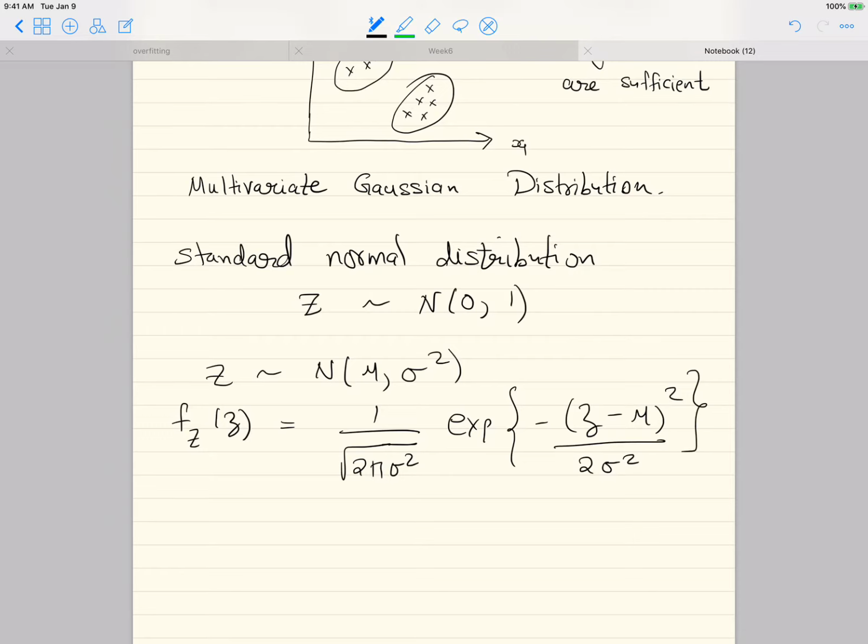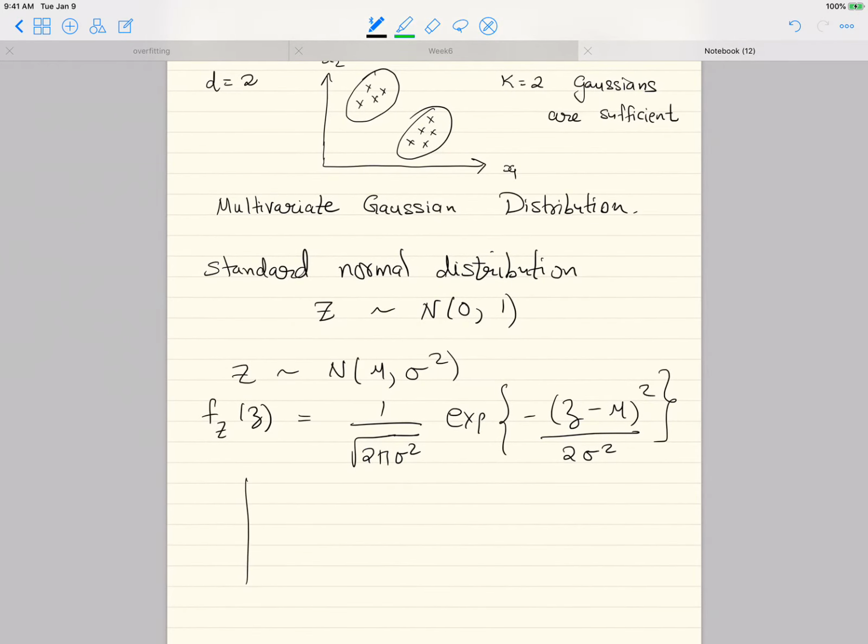I hope everyone has seen this. And so this is basically the same as what we saw before, f_Z as a function of z.